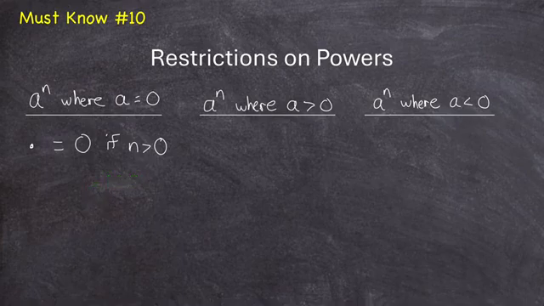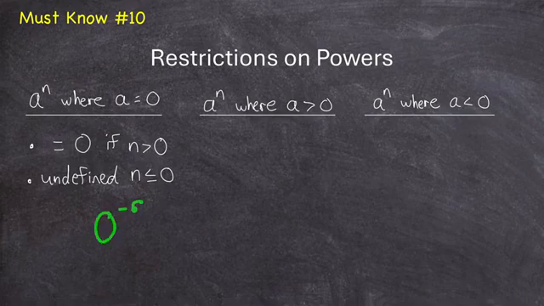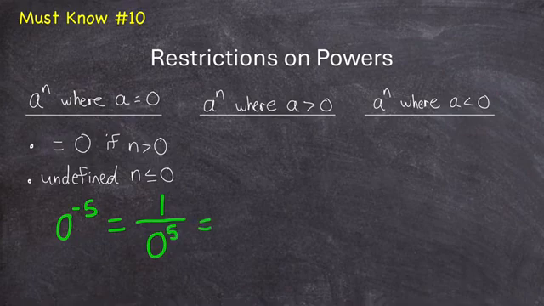But it's undefined if the value of the exponent is less than or equal to 0. Right, 0 to the power of 0 is undefined, but so is 0 to the power of any negative number. That's undefined. Well, why would 0 to the power of negative 5 be undefined? Well, based on the negative exponent rule, that'd be 1 over 0 to the power of positive 5, which is 1 over 0, and we know we can't divide by 0, so that's undefined.